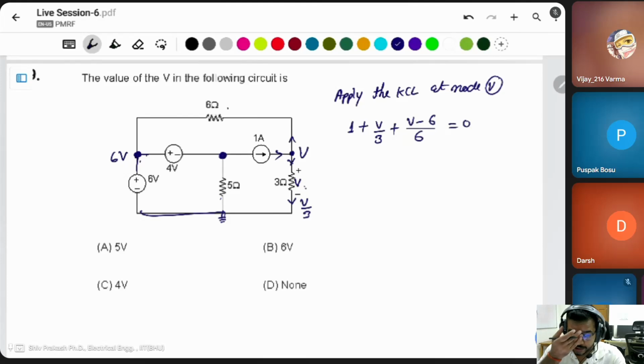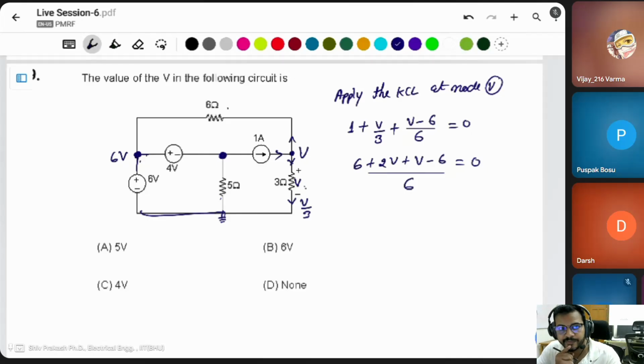Next question. If you see here, there is another super node problem. This voltage source is connected to these two nodes. Between these two nodes, there is no resistor.